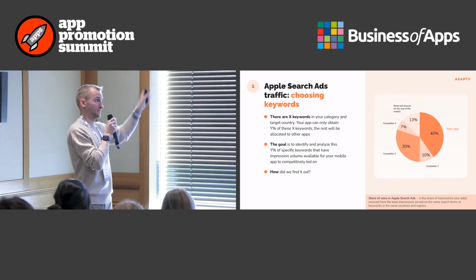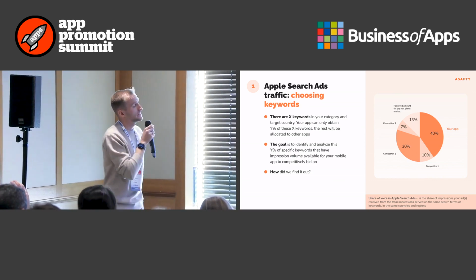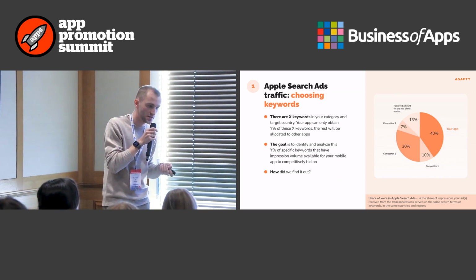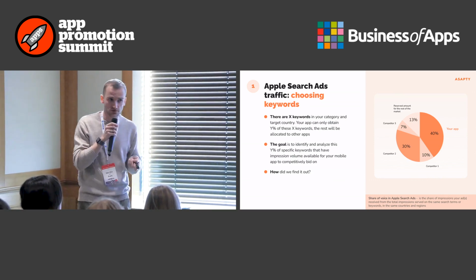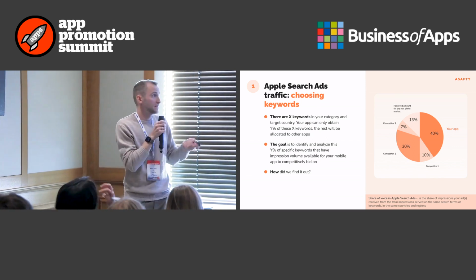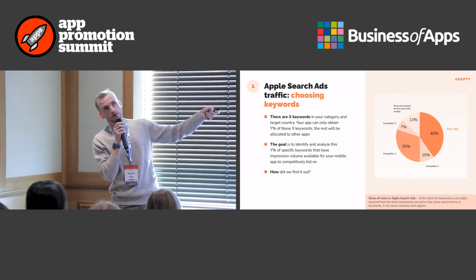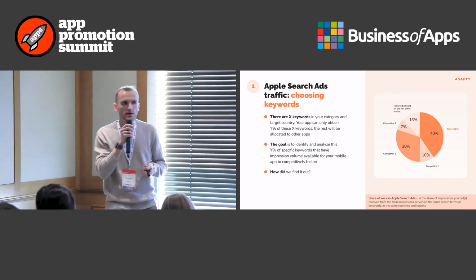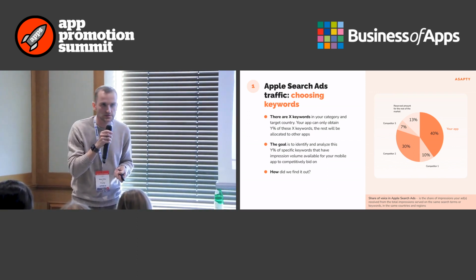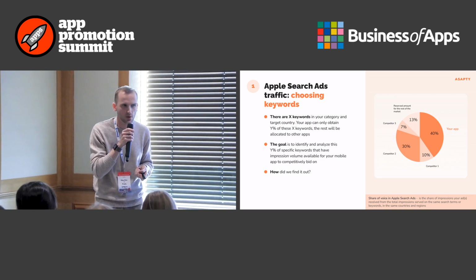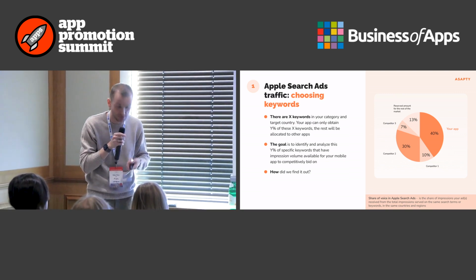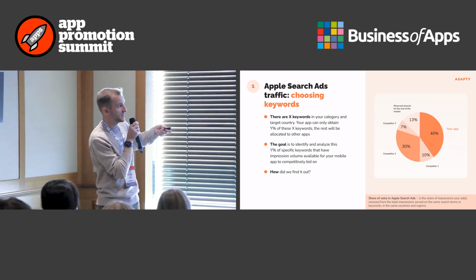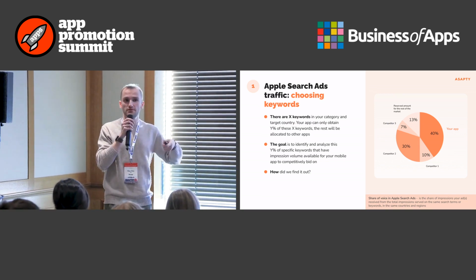And a much more interesting thing, as I told before, is to find the necessary keywords for your app. If we're speaking about one of the biggest categories, for example the fitness category, our best result was to find 1,100 relevant keywords with traffic. And the thing is that you can't have them all.